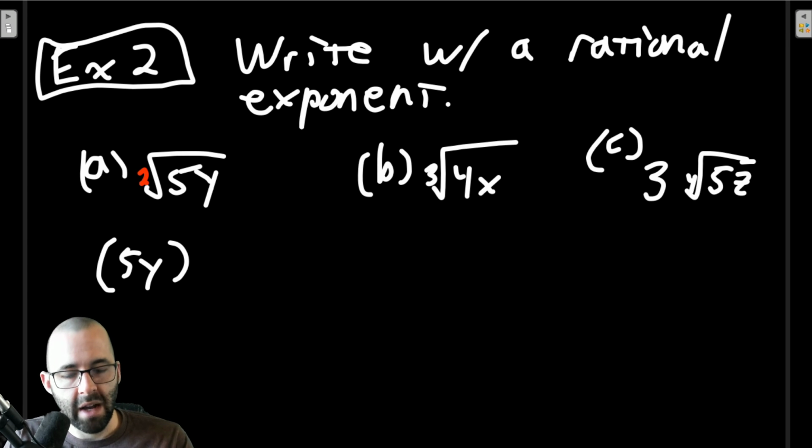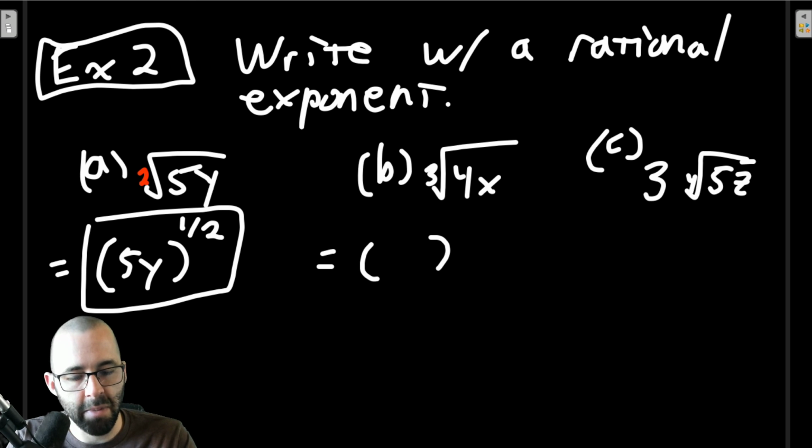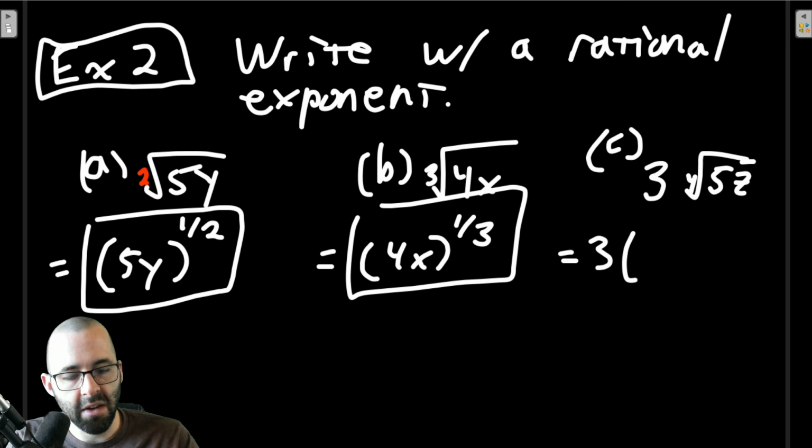So what we have over here is (5y) to the 1/2 because our n is 2. Over here in part B, they're both in the radical, so they'll both be in the parentheses. We'll get an exponent of 1/3. Whereas in part C, the 3 is not in the radical, so it will be outside of the parentheses. The 5z is inside the radical, so it'll be inside the parentheses.